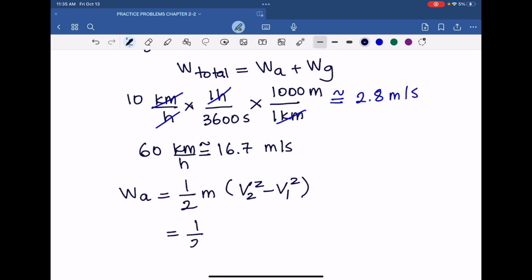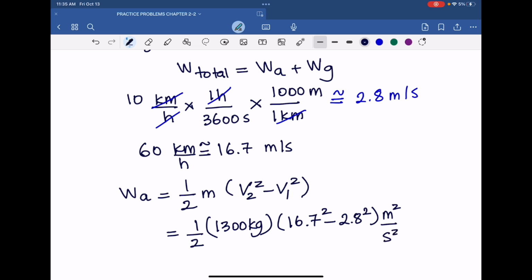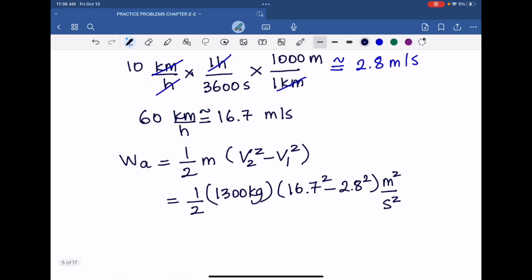Mass is given to us as 1300, and velocity squared difference, unit is meters squared per second squared. And from here we can calculate it, but let's look at the unit to make sure.